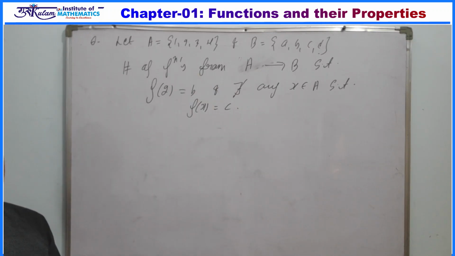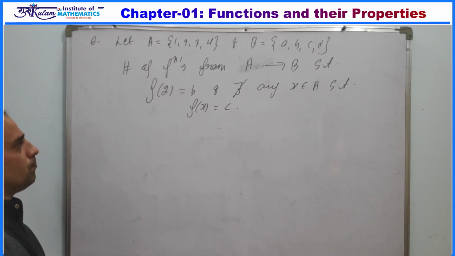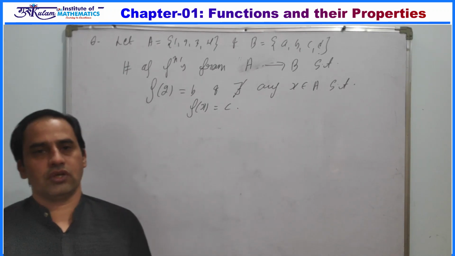So we have to count the number of functions from A to B in which the image of 2 must be b and the pre-image of c does not exist.